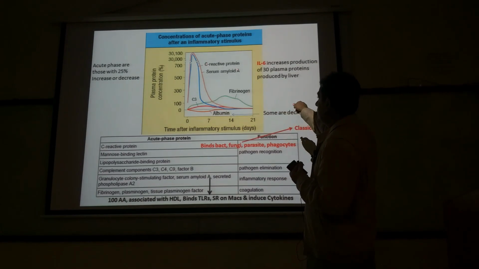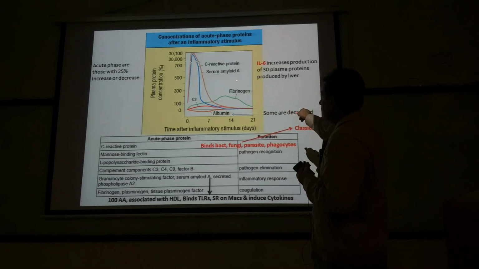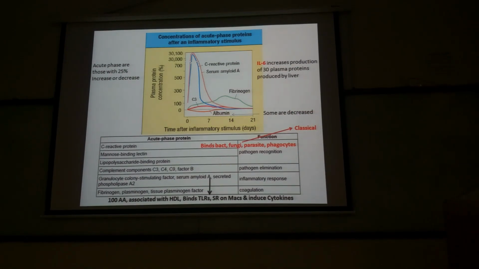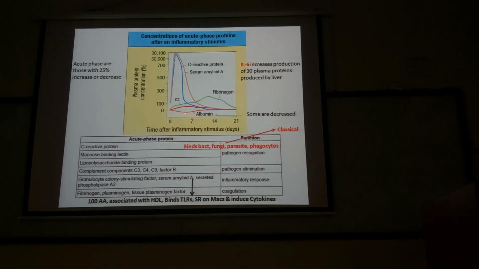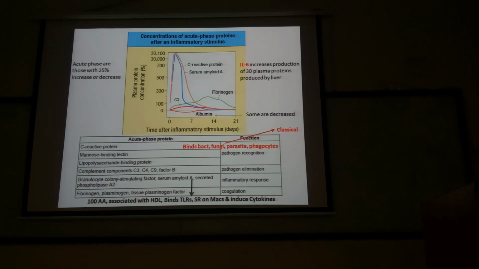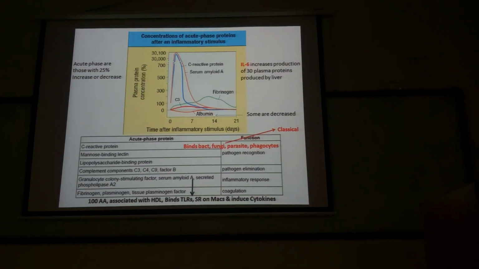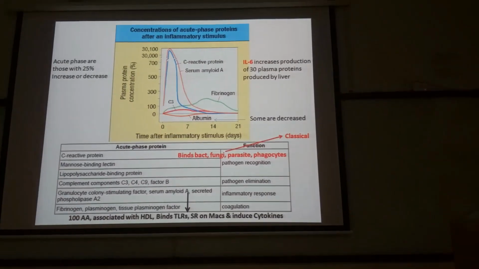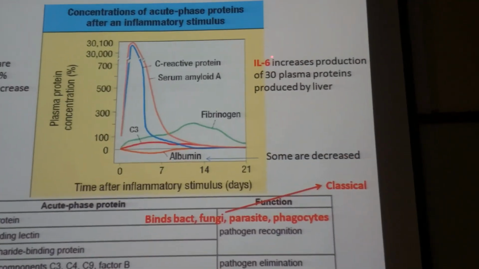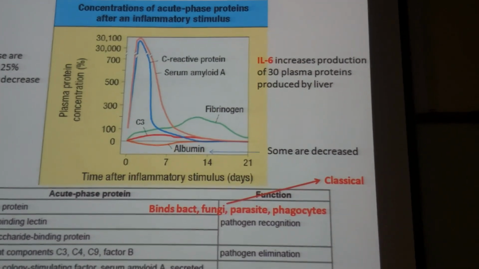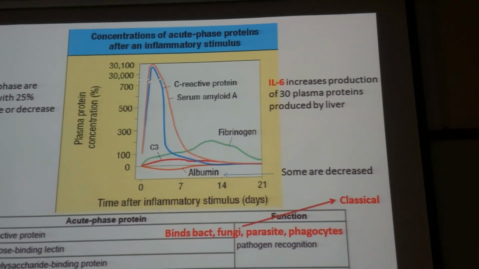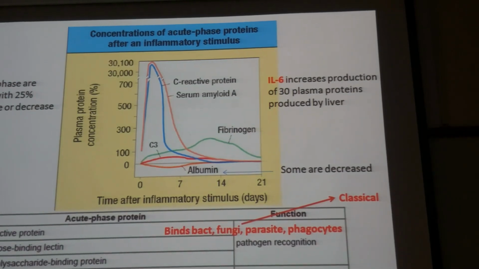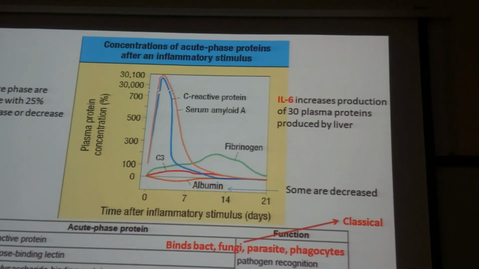Just like the C-reactive protein or the serum amyloid A protein, or you can say fibrinogen here, okay? And you see that the level of these proteins is going up under the influence of interleukin 6. Who is synthesizing these proteins? The liver. Okay? The liver is synthesizing lots of different proteins and immunoglobulins.